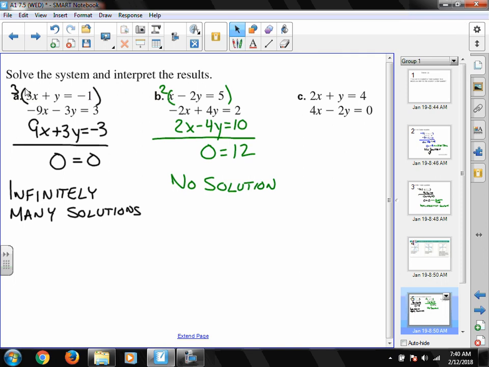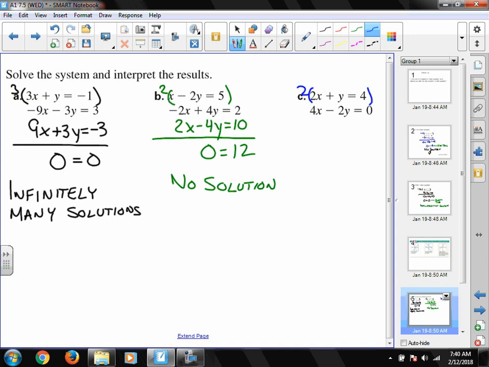And if we look at example 3, or I guess C, I've got 2x plus y equals 4, 4x minus 2y equals 0. In this case, I have opposite signs in front of my y's. So I do have different numbers. I multiply this by 2 and I take care of those numbers.